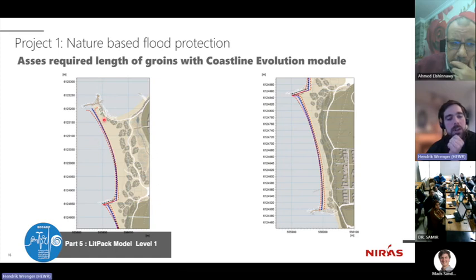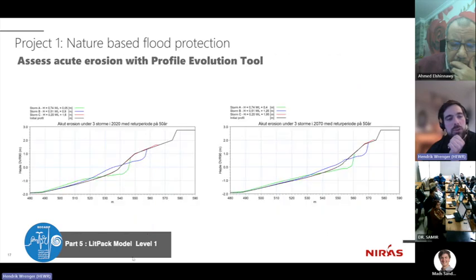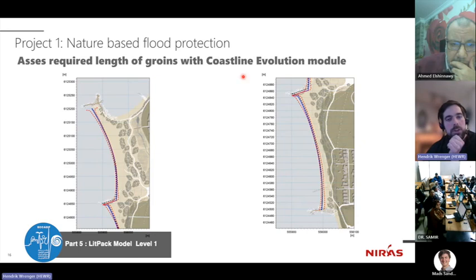And the way that was done was, after these profiles existed, the coastline evolution tool, sorry, that was too fast. The coastline evolution module was used, and the structures modeled with these empirical formulations there.